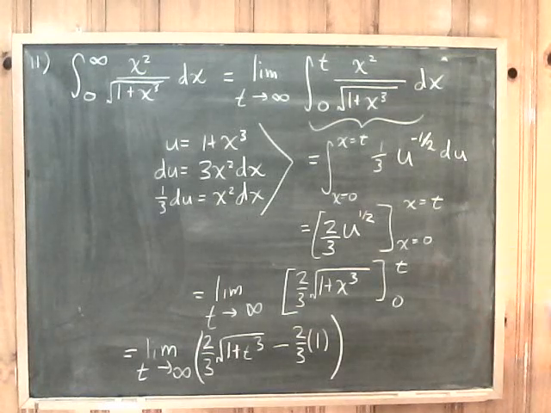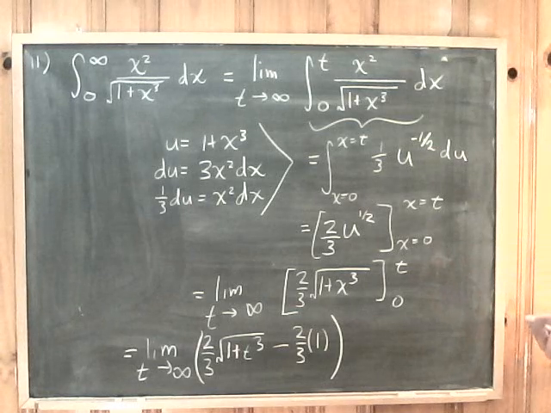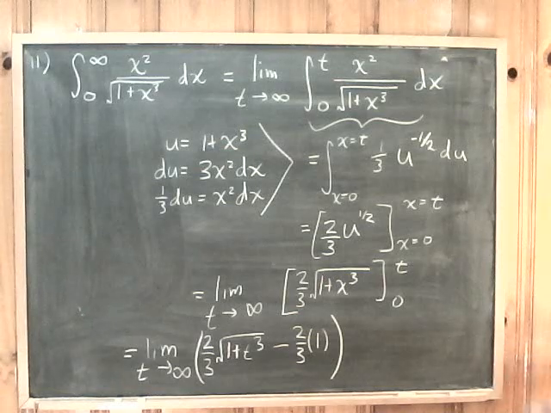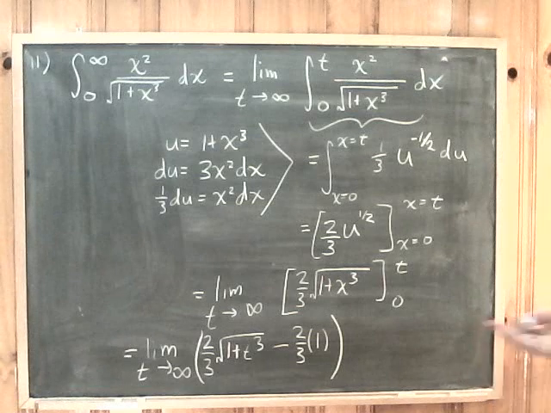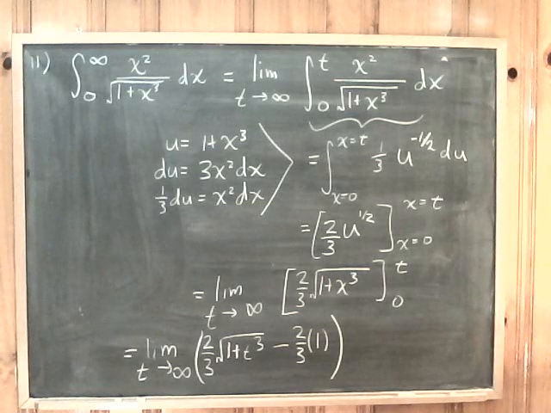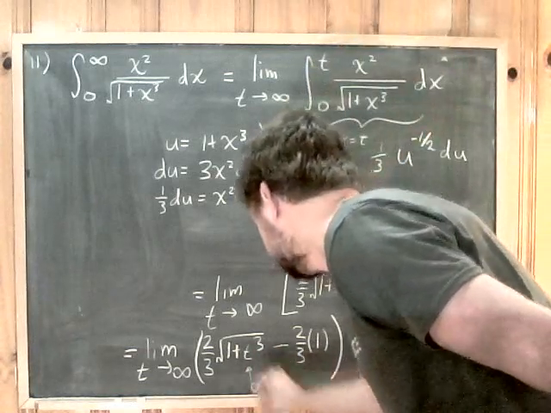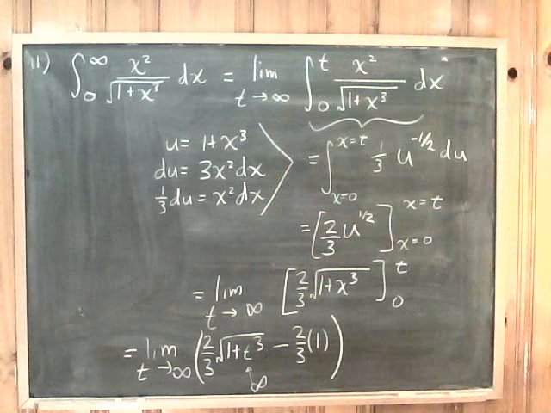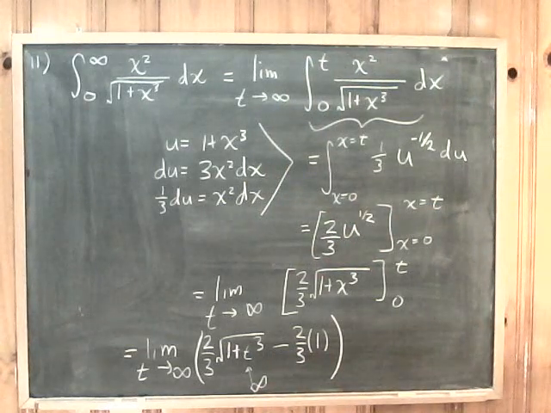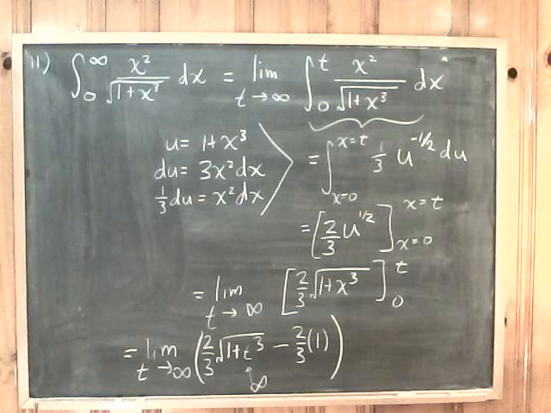I'm taking the limit as t goes to infinity. Well, this is where I can just plug in the infinity. Infinity cubed is infinity. Infinity plus 1 is infinity. Square root of infinity is infinity. So you can plug in the infinity here for the t, and then cubing it, adding 1, taking the square root, still infinity. 2/3 of infinity is infinity.